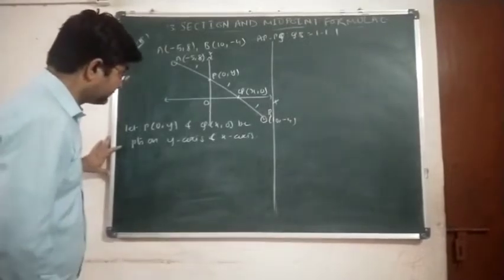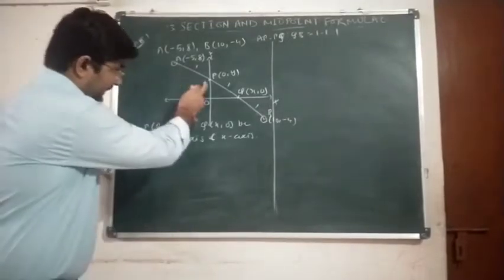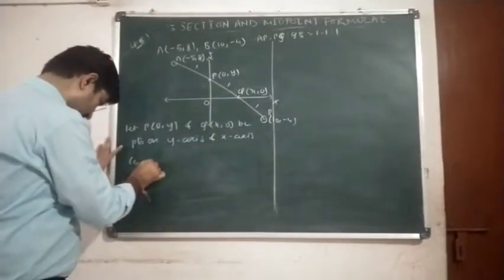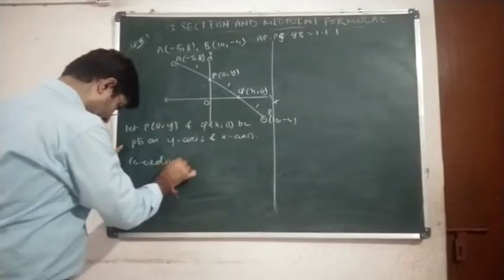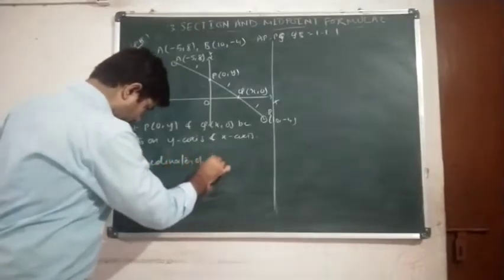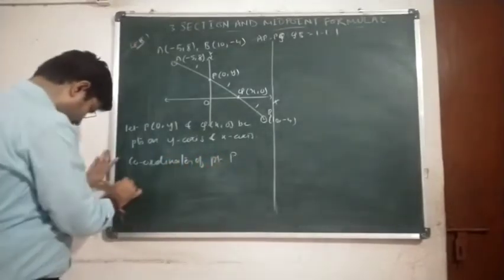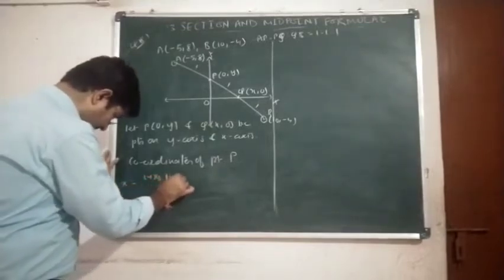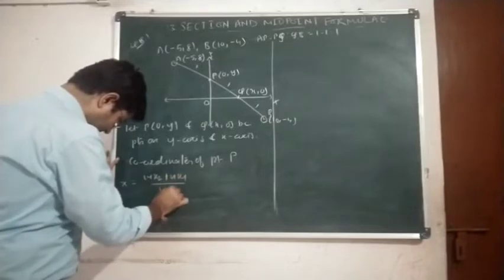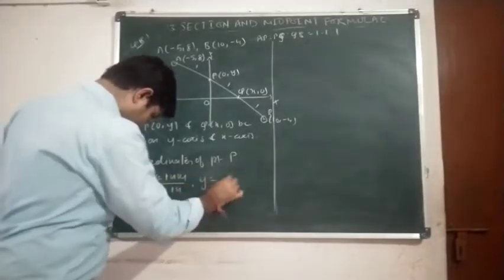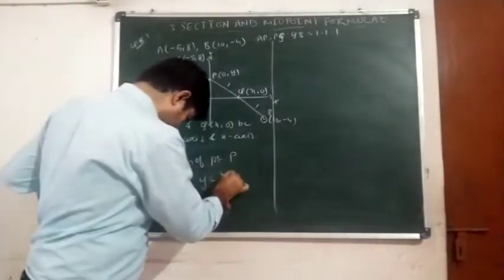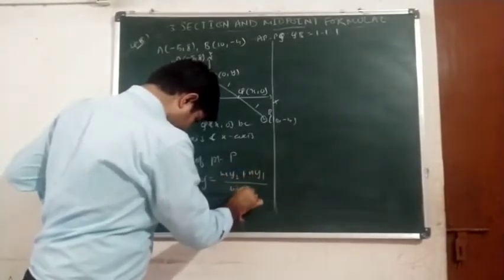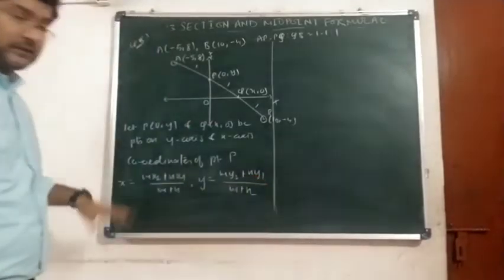To find AP is to PB, we will use the section formula. For the coordinates of point P, x is equal to (mx2 plus nx1) upon (m plus n), and y is equal to (my2 plus ny1) upon (m plus n).